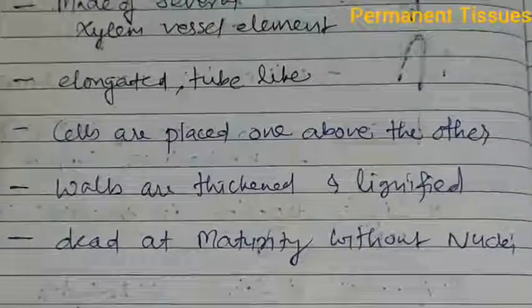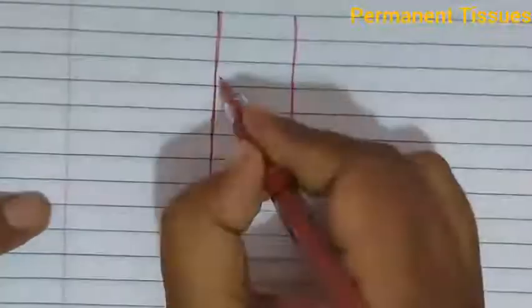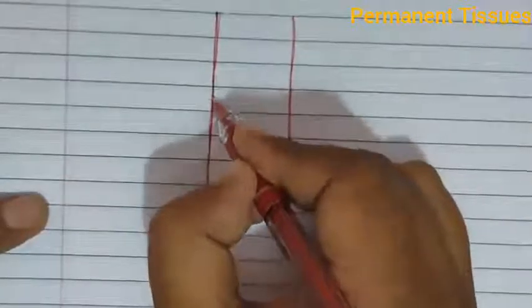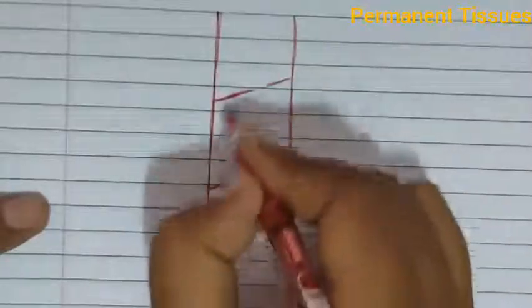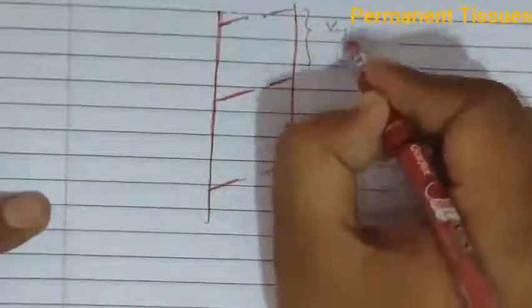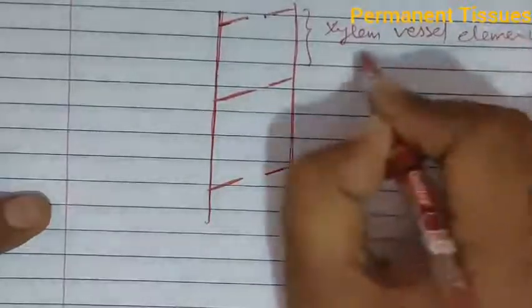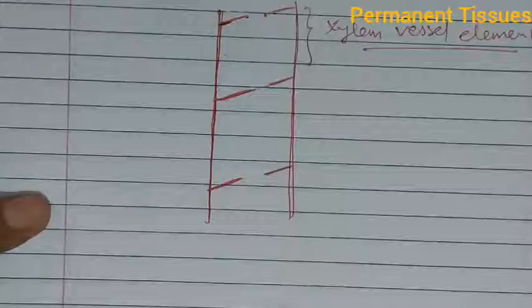So if we see its structure, when we draw the structure, vessels are elongated tube-like structures, and here they have some oblique divisions, we call them septa. So if you see, this is one xylem vessel element, and xylem vessel elements are placed one above the other.